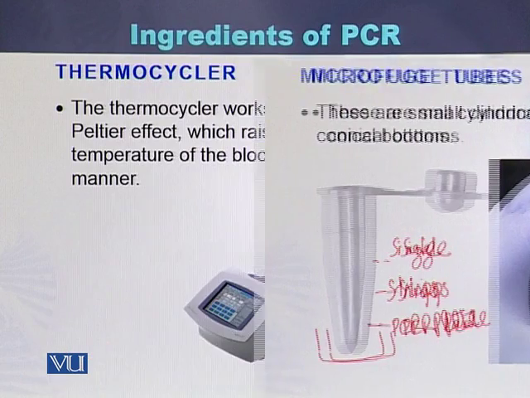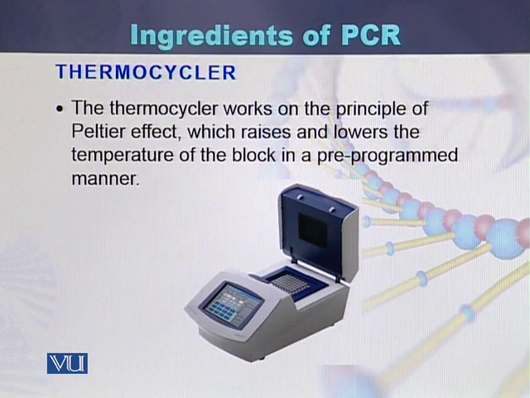The next is the thermocycler. Thermocycler is also called a PCR machine. Thermocycler works on the principle of the Peltier effect. The Peltier effect is the effect by which the temperature rises and lowers.